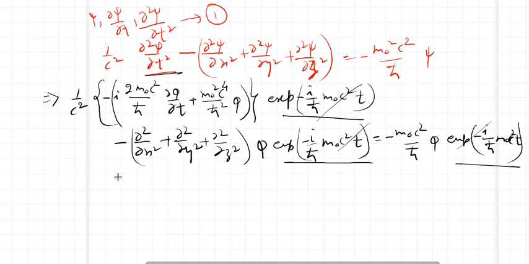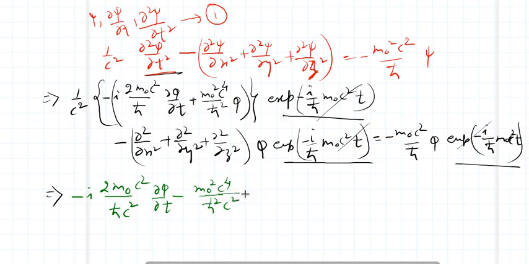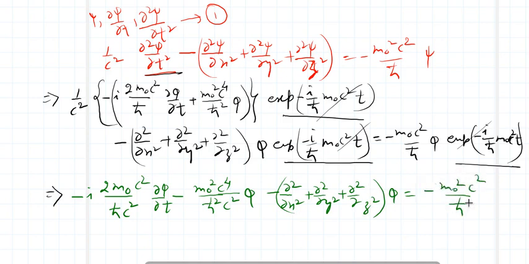If they cancel out, then I can write this as minus iota 2m₀c² over ħc² ∂φ/∂t minus m₀²c⁴ over ħ² into c². This c² gets multiplied here, minus ∂²/∂x² plus ∂²/∂y² plus ∂²/∂z², and it is φ, is equal to minus m₀²c² over ħ φ, and this c² will cancel out with it.